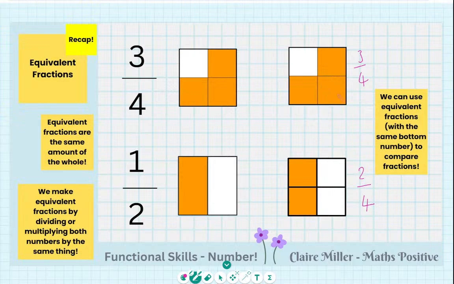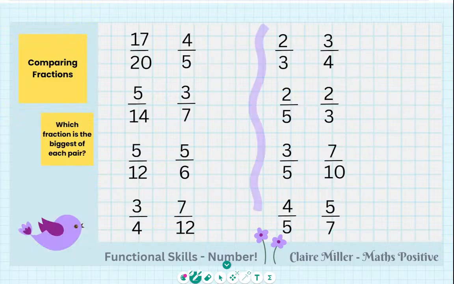And then even without drawing a picture, I know that this is bigger than this because this is 3/4 and this is 2/4. Okay, so once we have the same number at the bottom of our fraction, we can compare them really easily just by looking at the top numbers. So that's what we're going to be having a go at doing today. And I'll also explain how you can do this with a calculator as well.